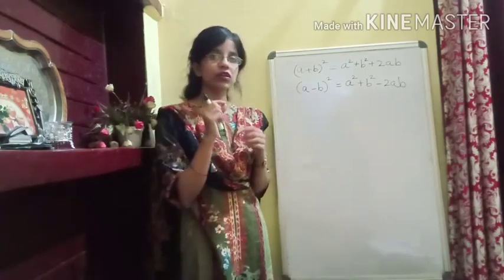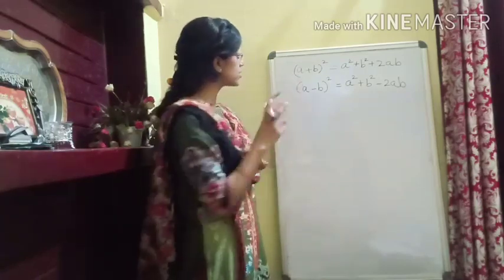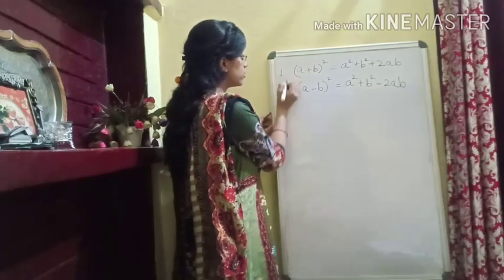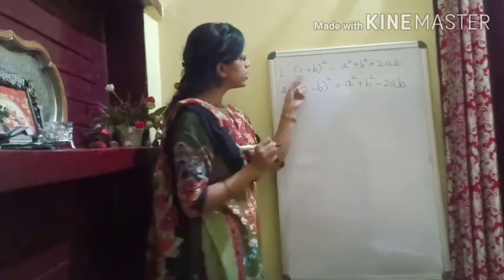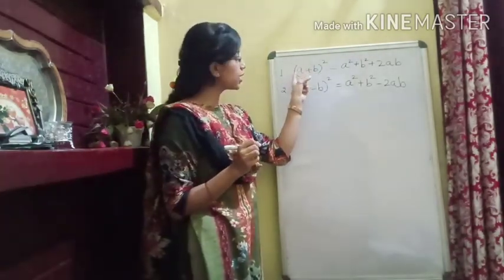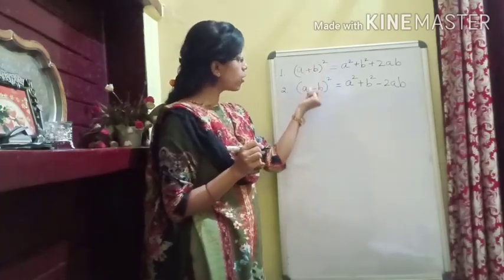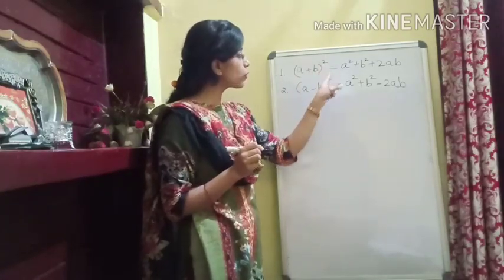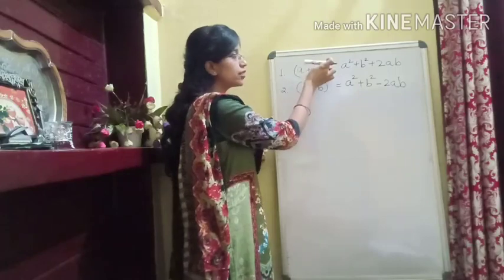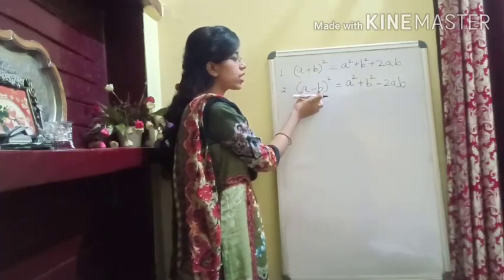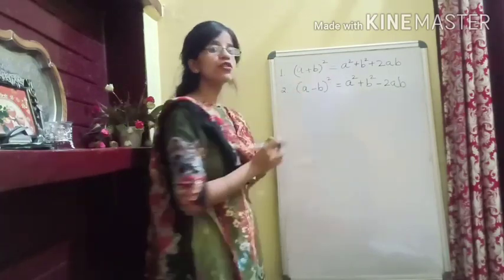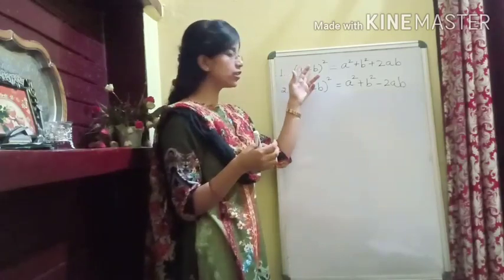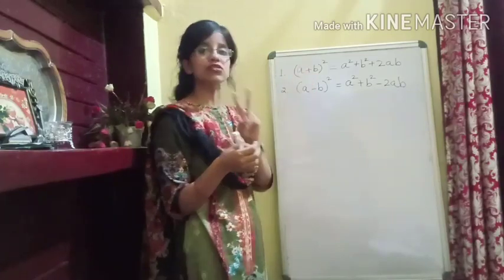Now one thing you are going to see here is that in both identity number 1 and identity number 2 we have two terms, a plus b or a minus b, and then we are squaring. First we are adding the two terms and then squaring; here we are subtracting the two terms and then squaring. So either way, whether adding or subtracting, we are using two terms.